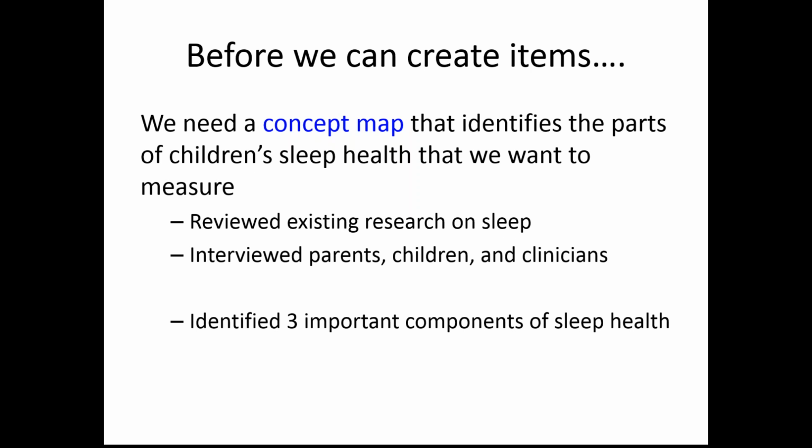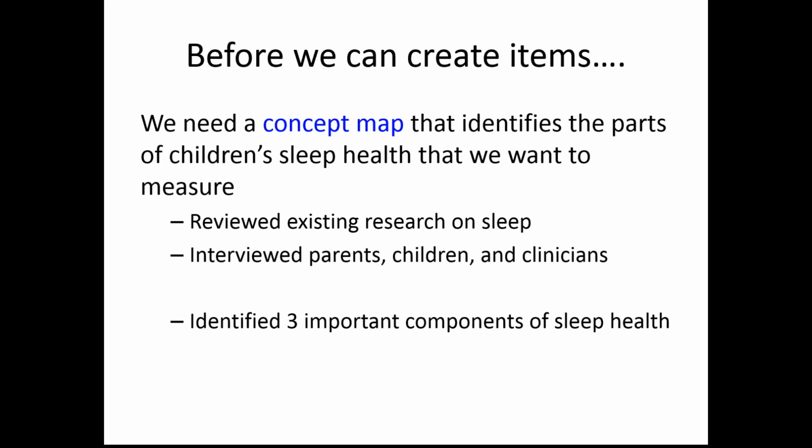We call that our domain of interest, and then from that domain we use a variety of methods: expert input, where we've talked to a number of sleep health experts; literature review, both the theory of sleep as well as existing sleep health measures; and then semi-structured interviews with parents and children to identify the total number of sleep health concepts, and then we organize those into a hierarchy.